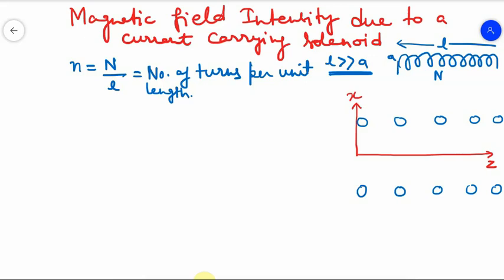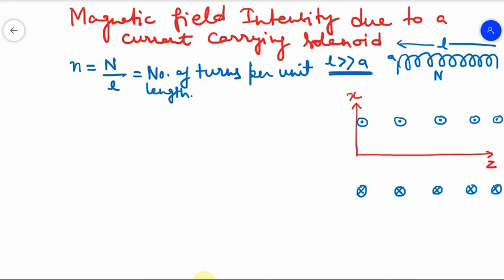If the solenoid is carrying a current, obviously if it is entering inside, we'll represent it by a cross. Okay, so at one point it is entering, at one point it is coming out. So for the outward direction we'll use this convention, and for inward we will use this convention.